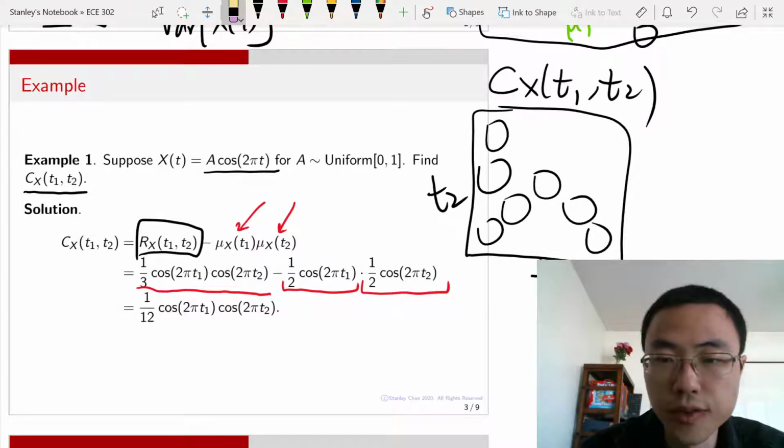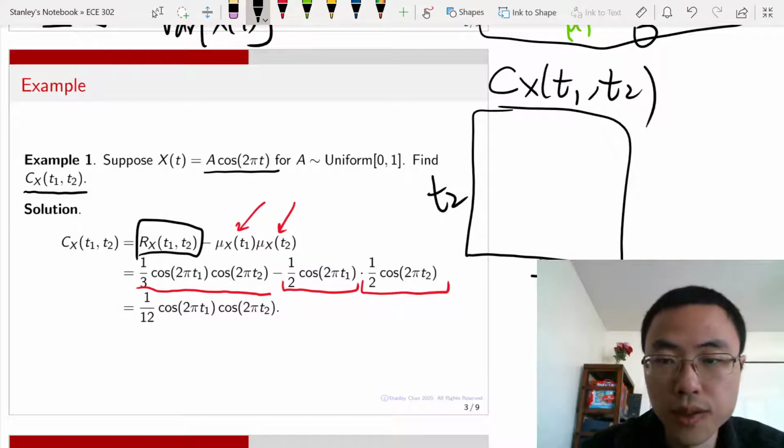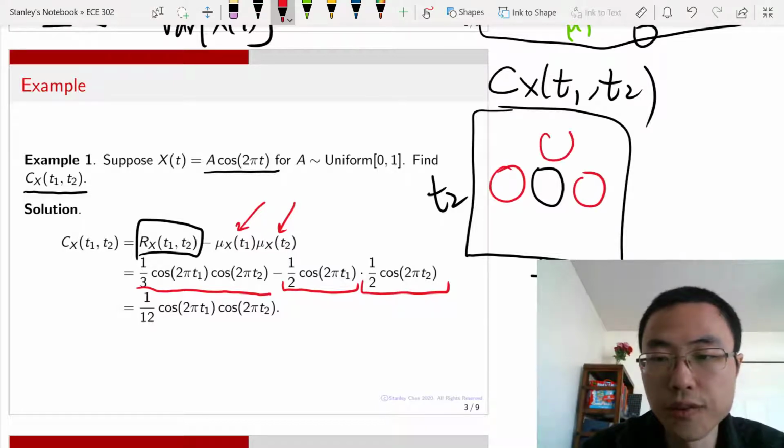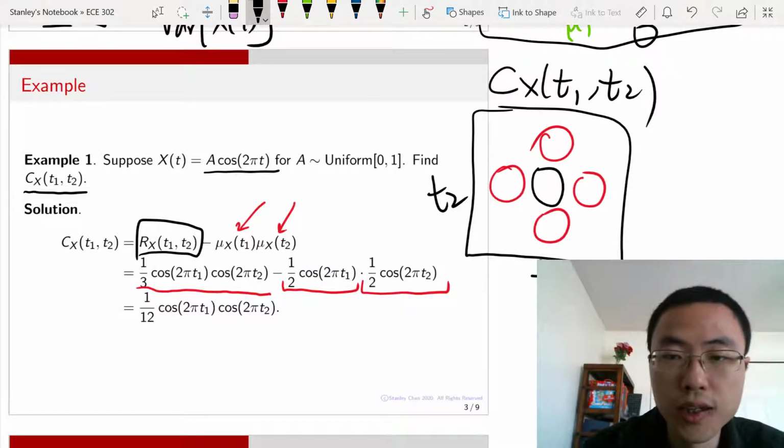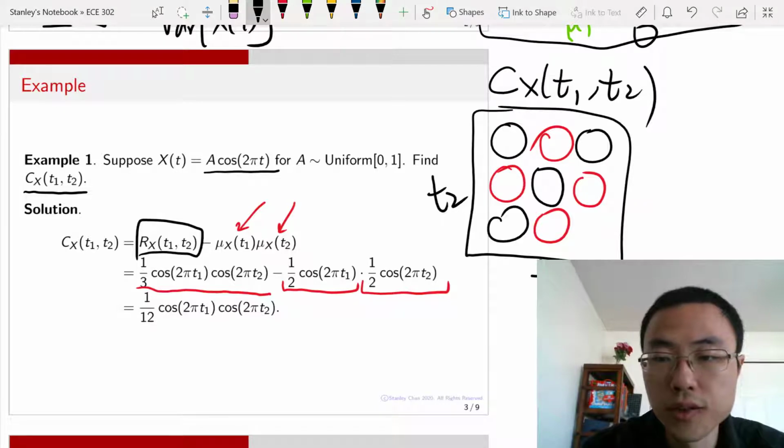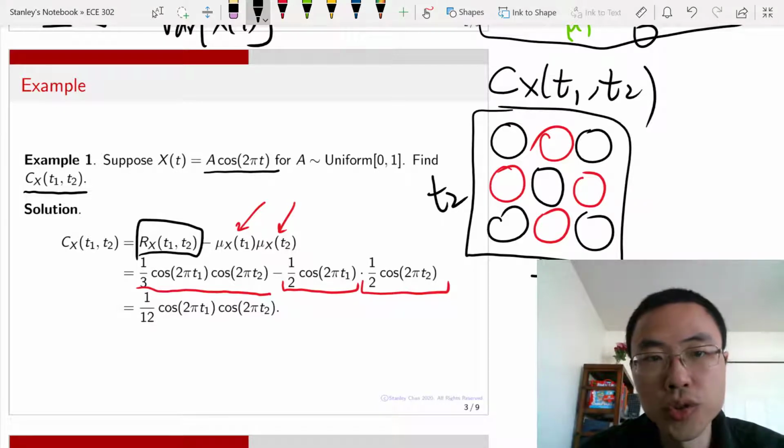Okay, now this is not a very good drawing, but you know what I mean, right? So here you have the peak, and then you have the valley, and then you have the peak again. So remember those circles. This is the two-dimensional drawing of the autocovariance function, which is the same shape as the autocorrelation function for this problem.